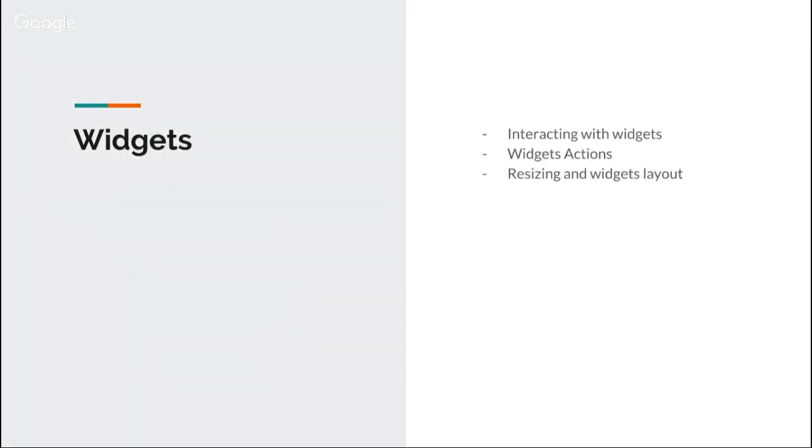Now that we talked some about notifications, let's talk about widgets. And widgets, as we saw, are simple interfaces, simple pieces of our application, right? Mostly widgets show a simple view of what our application already does.